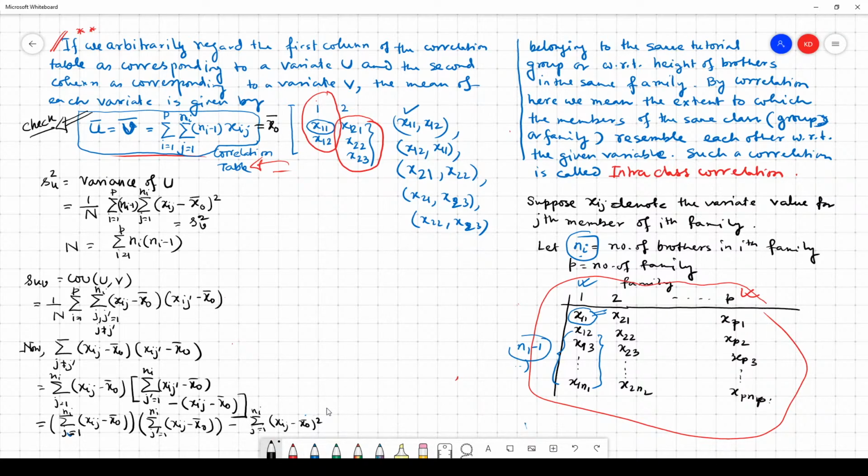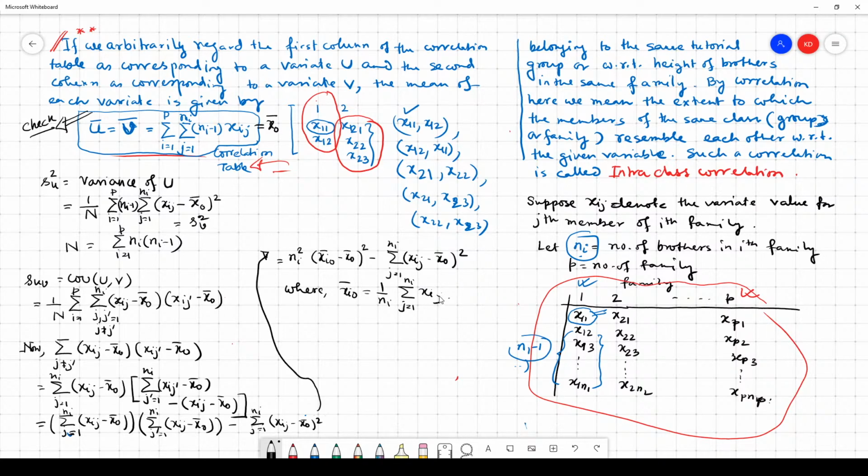So this is equal to ni square (xi naught bar minus x naught bar) whole square, minus the sum over i, j from 1 to ni of (xij minus x naught bar) whole square, where xi naught bar is equal to 1 by ni times the sum over j from 1 to ni of xij.